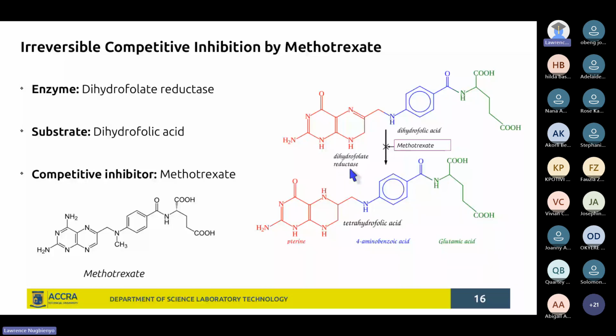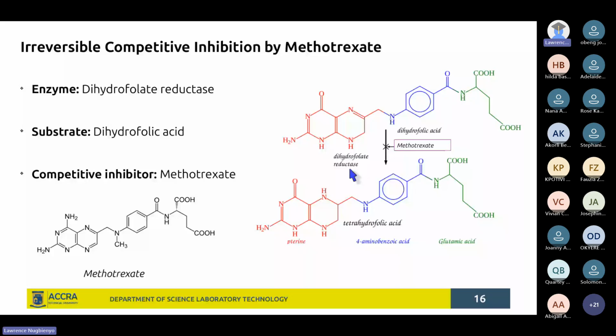But you see, as I mentioned, it's even used in the treatment of cancer, which is to say that it goes to disrupt the proliferation of cancer cells.